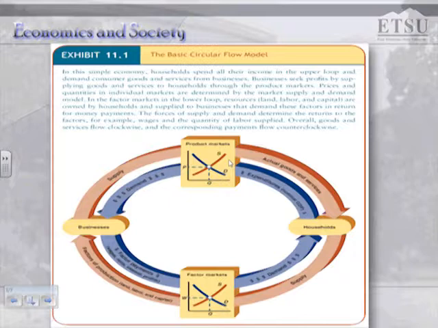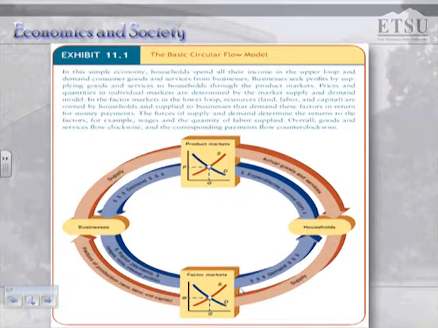The money flows from households through product markets to business firms. The business firms spend that money on resources, so it goes back to households, right? They pay the wages of their laborers. They pay profits to stockholders. They pay profits to the entrepreneurs. They pay landowners for use of their land and so forth.